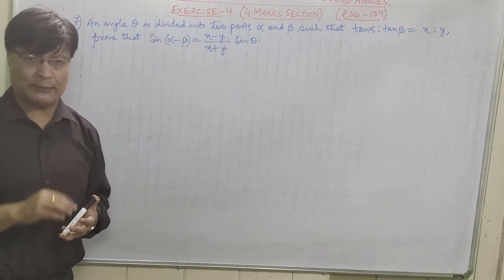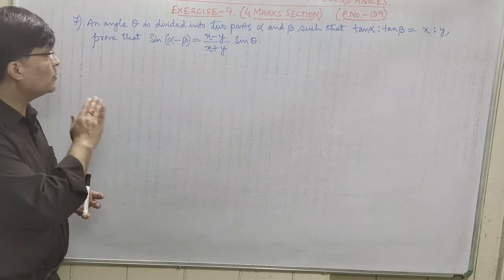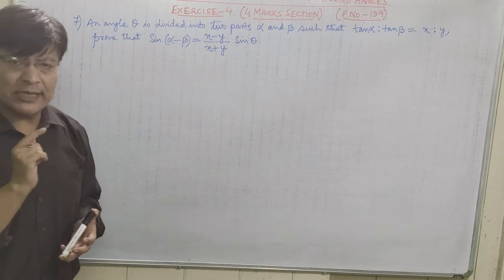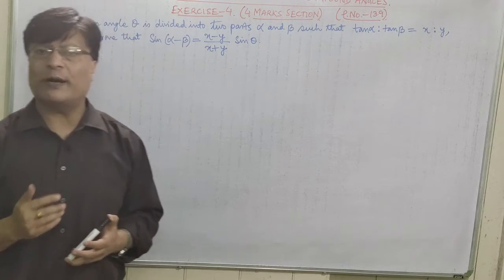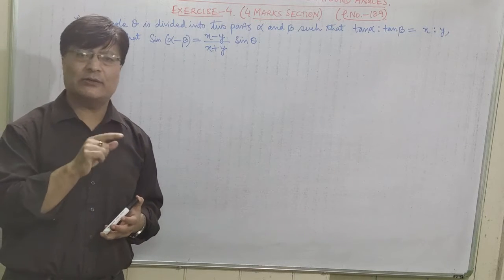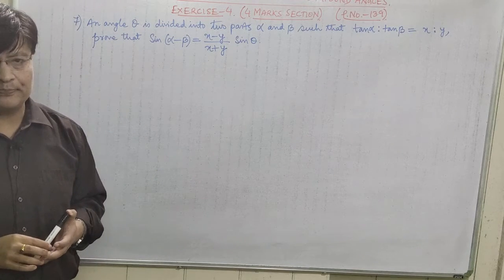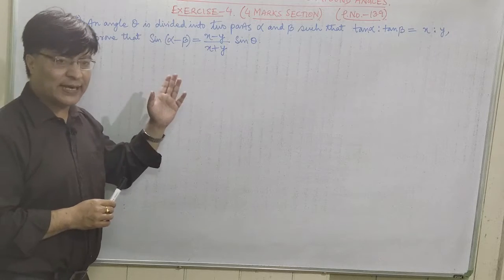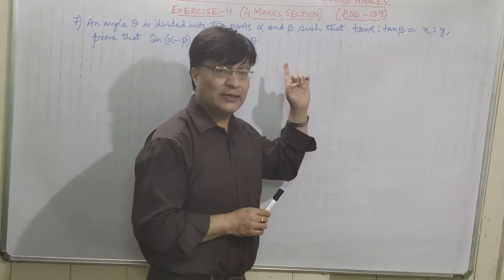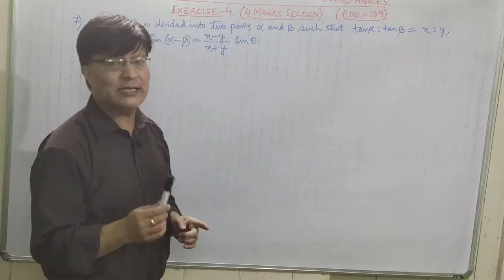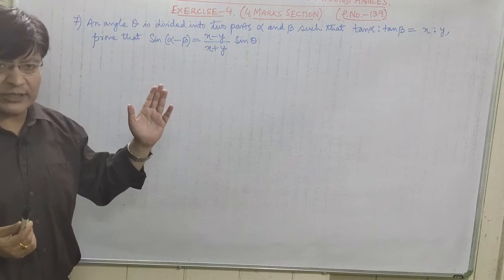Okay, so in the question it is given that an angle theta is divided into 2 parts, alpha and beta. So what is the relation between theta, alpha and beta? Since theta is divided into 2 parts, we can write theta is equal to alpha plus beta. It is also given that tan alpha is to tan beta is equal to x is to y. Here ratio is given.